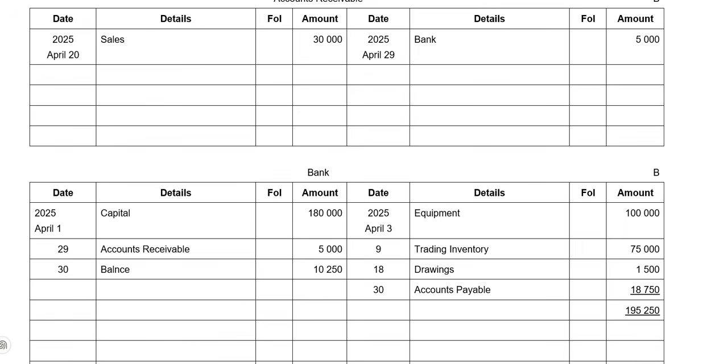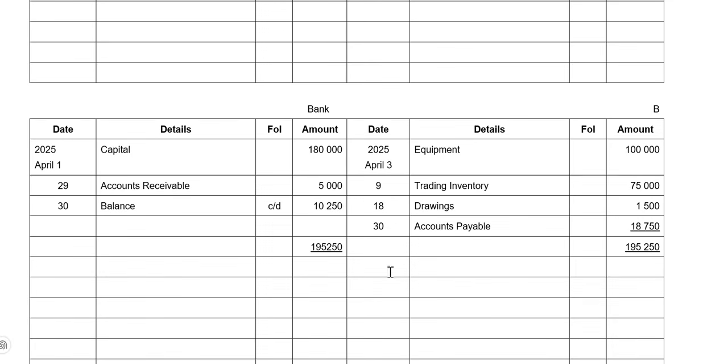There I did it again. Balance carried down. And if I add up both sides on the same line, both sides now should equal 195,250.